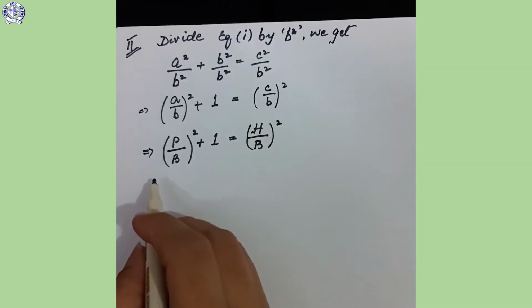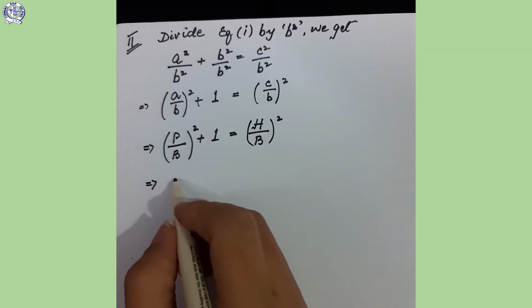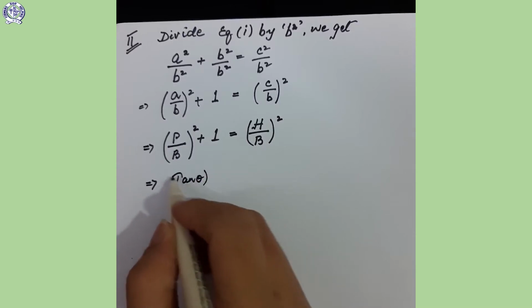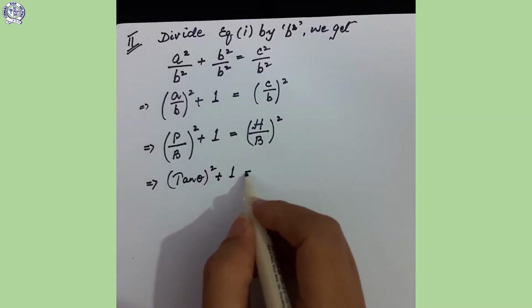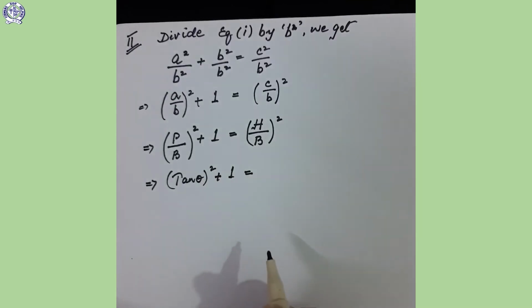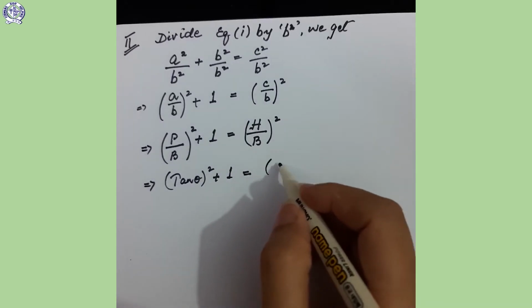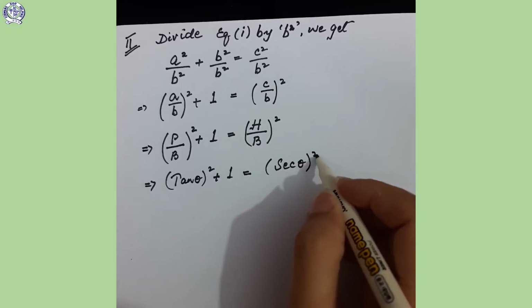Now you can change it. You know, perpendicular upon base is known as tan theta whole square plus 1 equals hypotenuse upon base is sec theta and whole square.